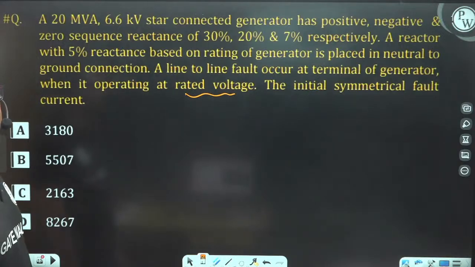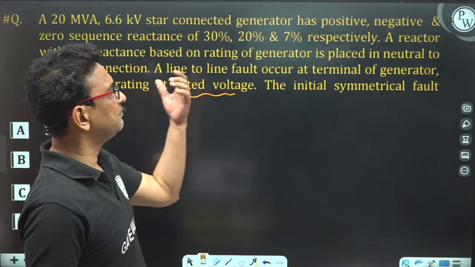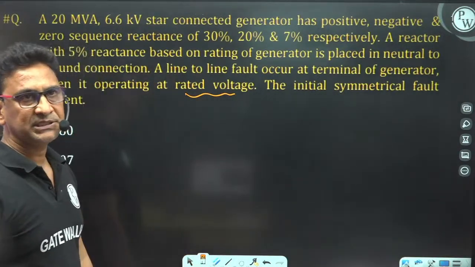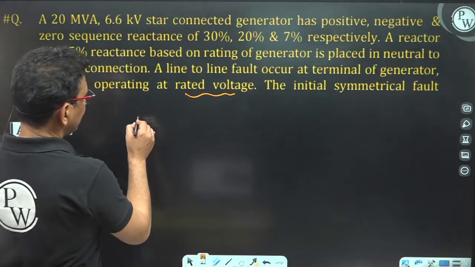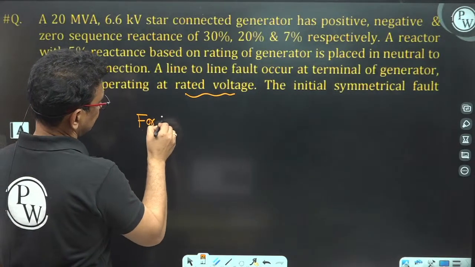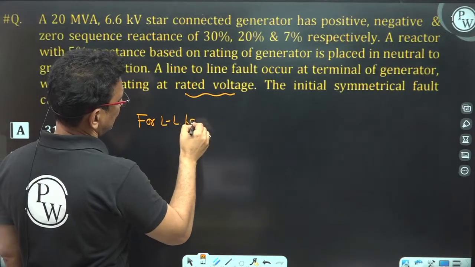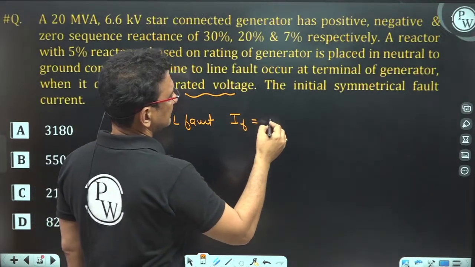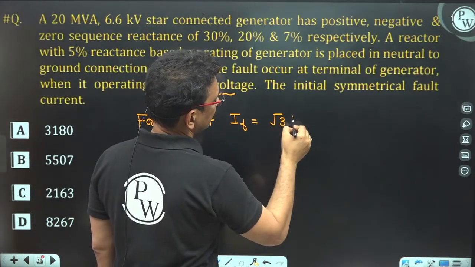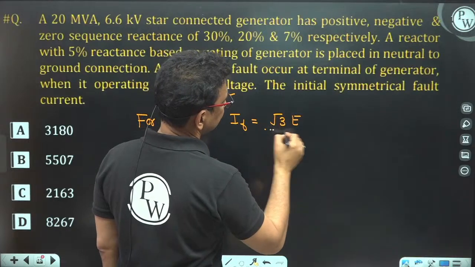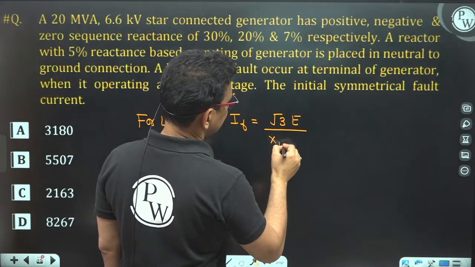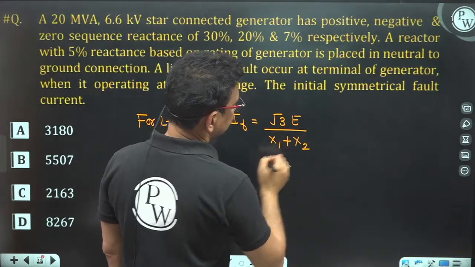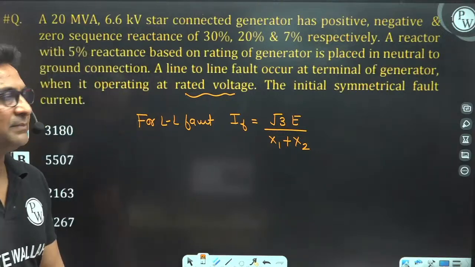So either you can find the fault current first in PU, then multiply by the base quantity. So for line to line fault, what is the formula to get the value of fault current? Root 3 into E. I am just talking about the magnitude, otherwise a minus will come, divided by X1 plus X2. So zero sequence reactance does not come into the picture.